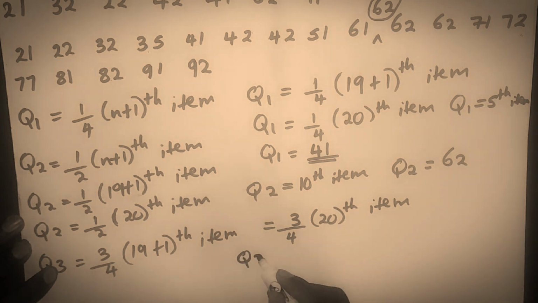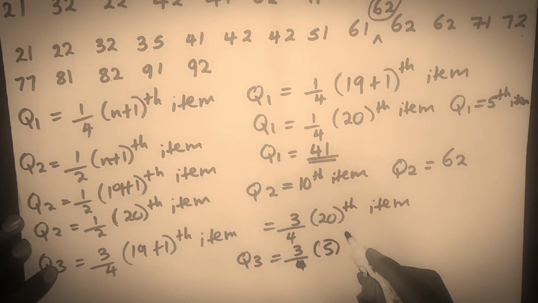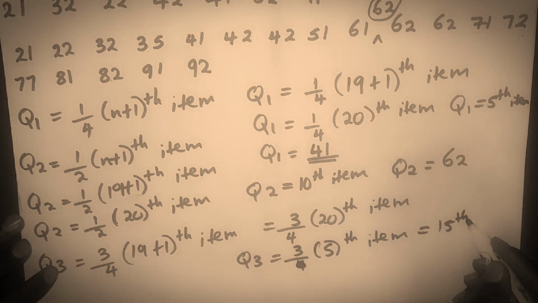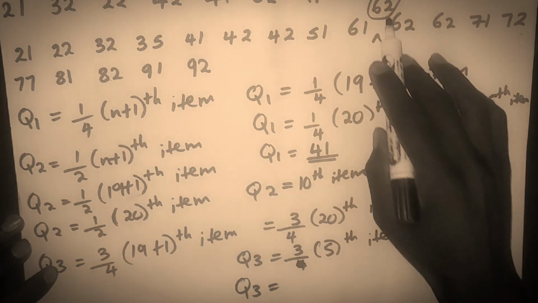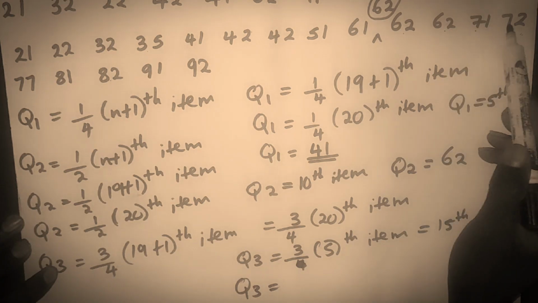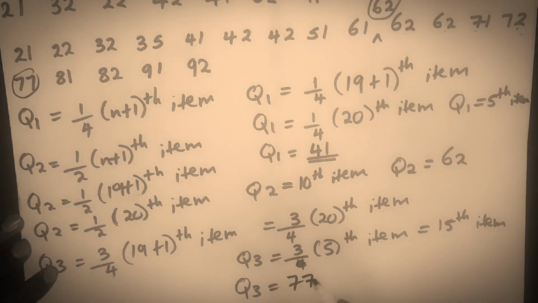Here 20 divided by 4 is 5, and 3 times 5 is 15, so it is the 15th item. We have said 62 is the 10th item, so I count 11, 12, 13, 14, 15. Therefore, it is equal to 77.